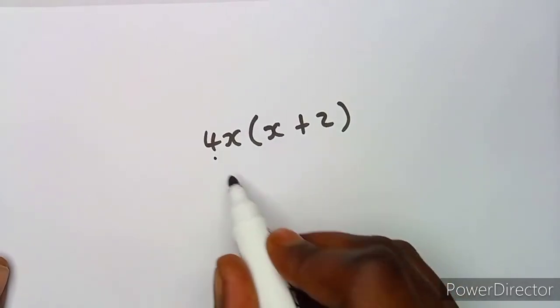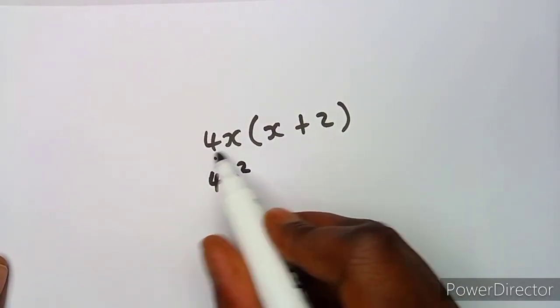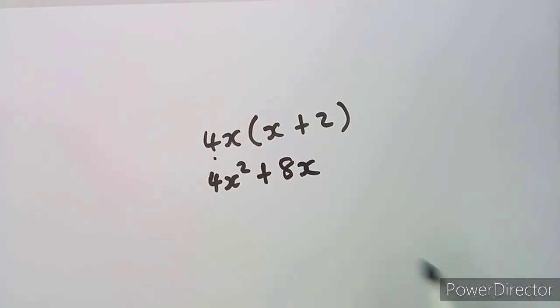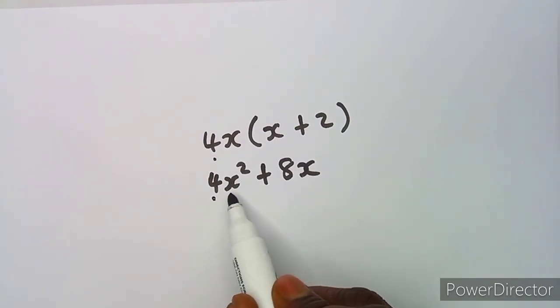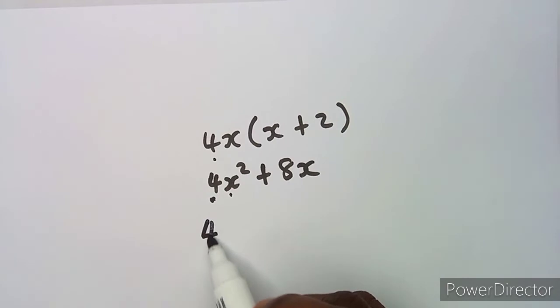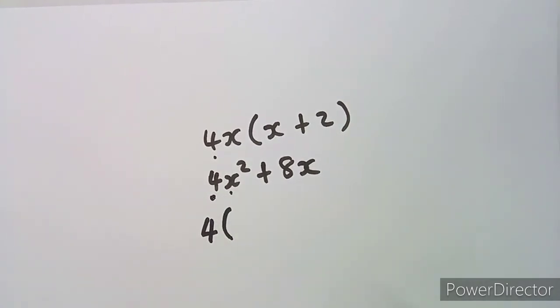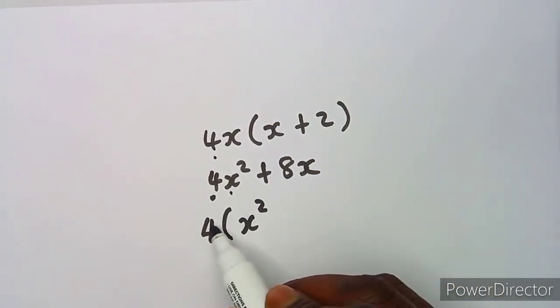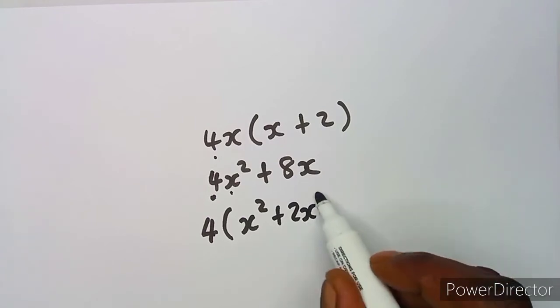So that's 4x and x, which is 4x squared, 4x and 2, which is 8x. So I've expanded the bracket. Now I can clearly see the quadratic expression that I'm working with, and the coefficient of x squared is not 1, so I have to factor out 4. That's 4x squared divided by 4, which is x squared, and 8x divided by 4, which is 2x.